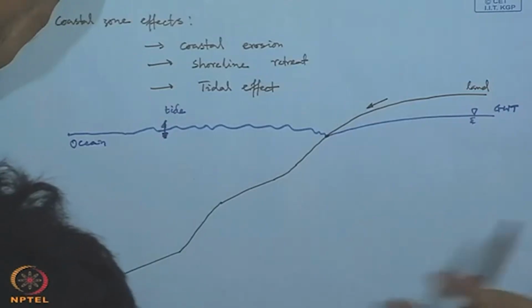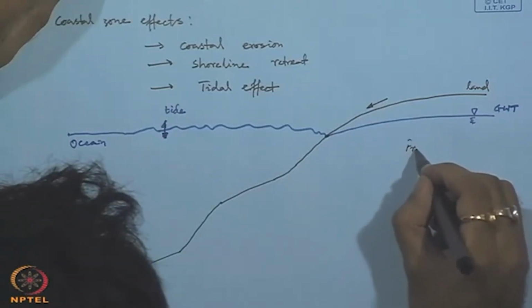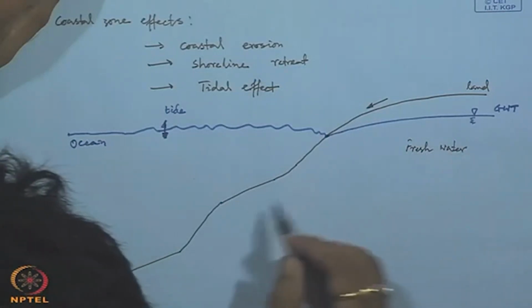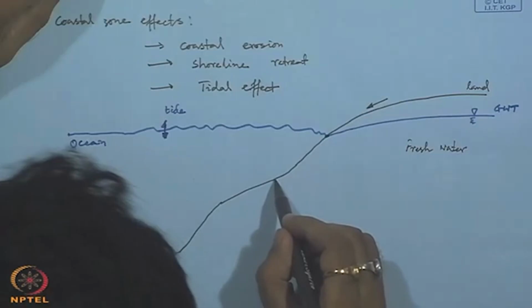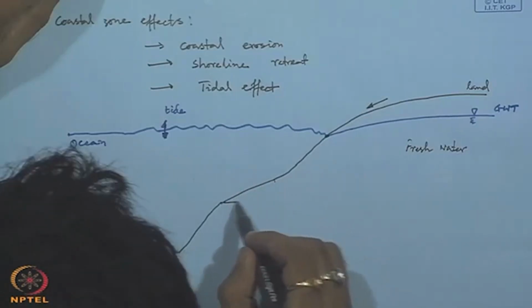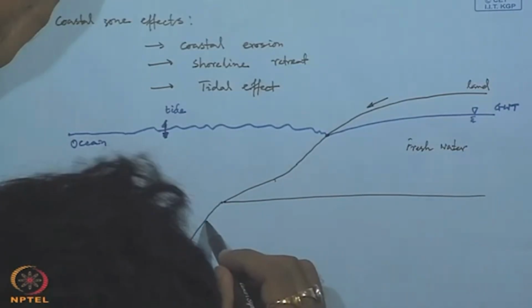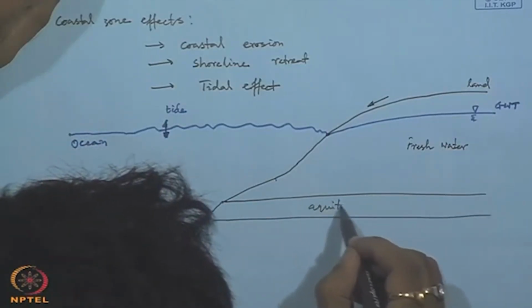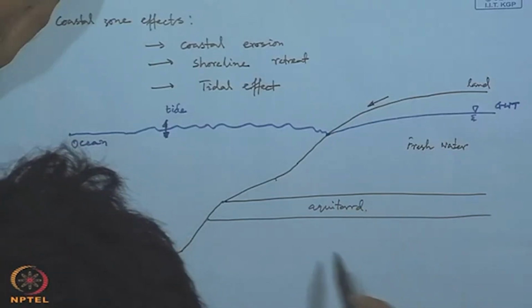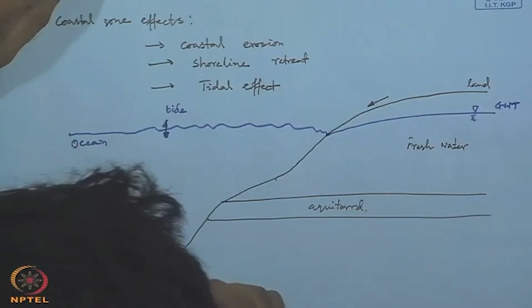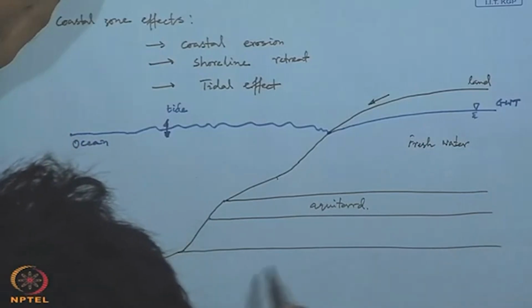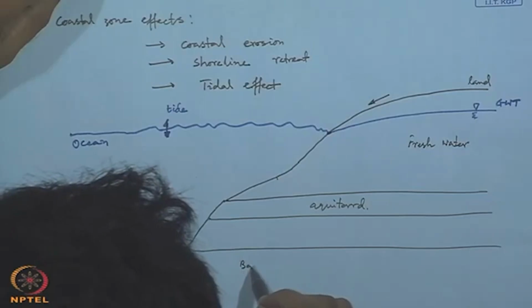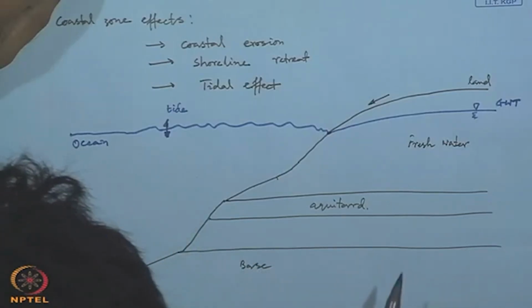And for this freshwater, next we have some kind of aquitard region. And finally, this is the base, some kind of impermeable base.